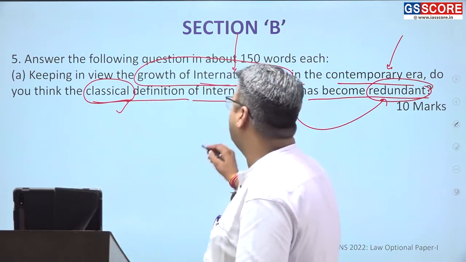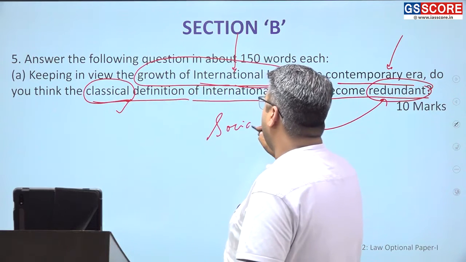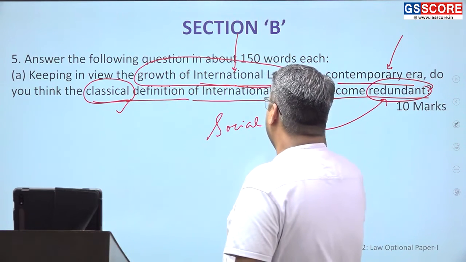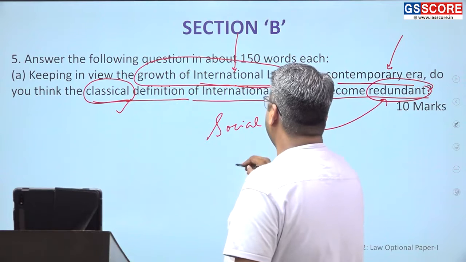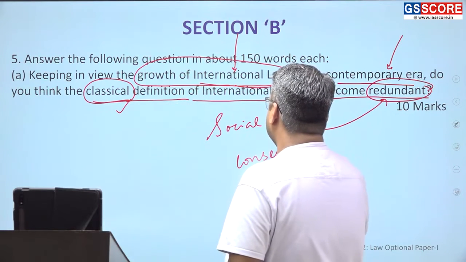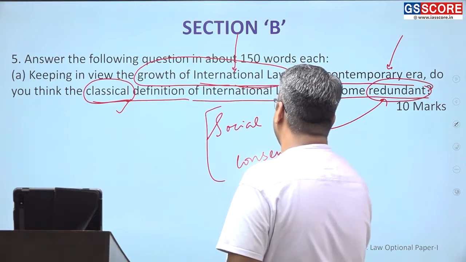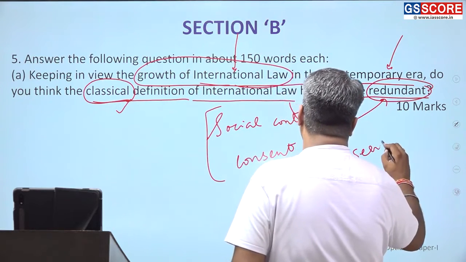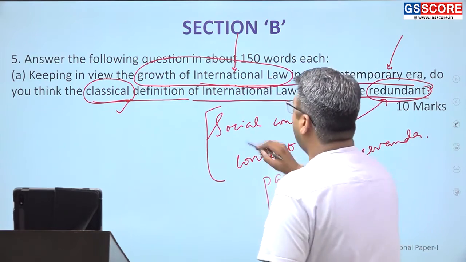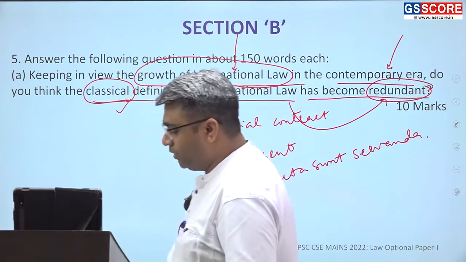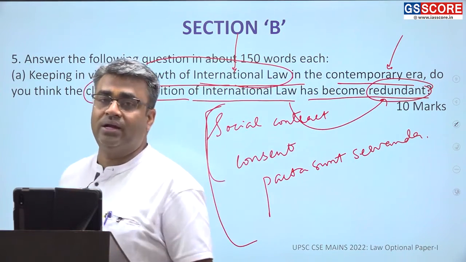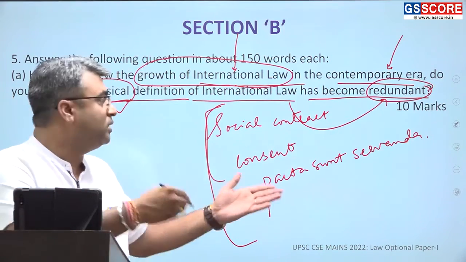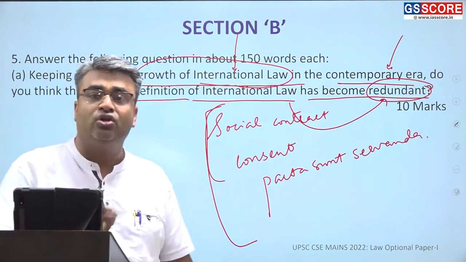Even the social contract theory or the consent theory, which are the basis of international law, or the concept of pacta sunt servanda, all these things find the importance of international law through mutual interest only. So the social, political or economic interest only serves the main purpose of having international law as a law.